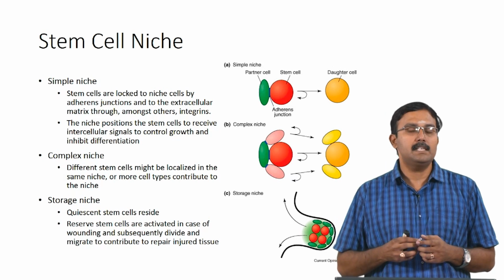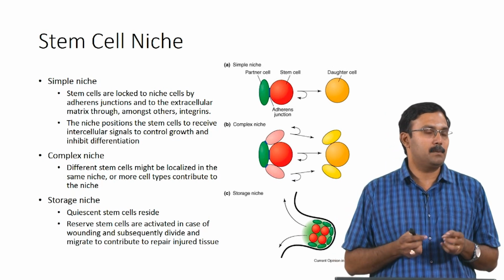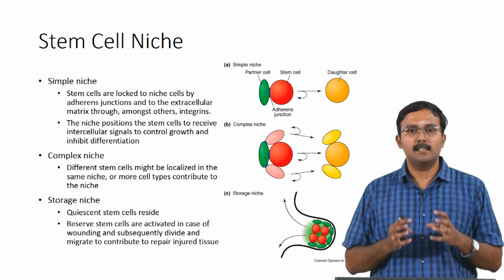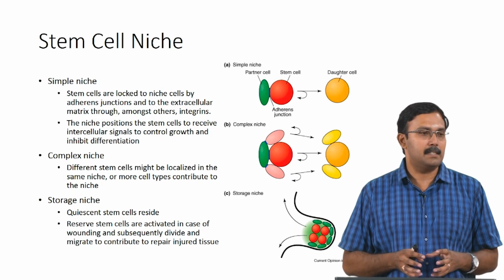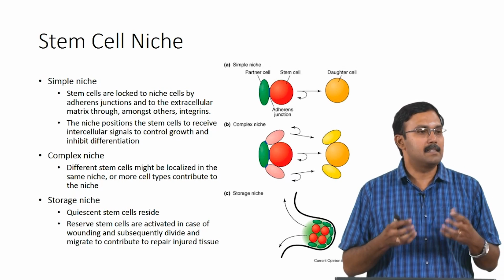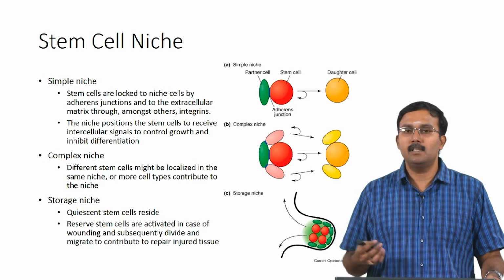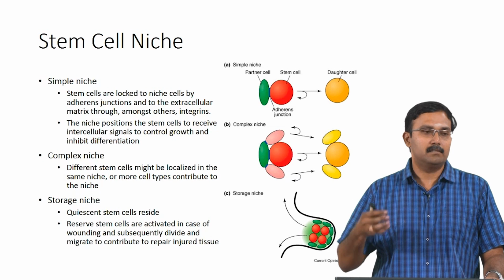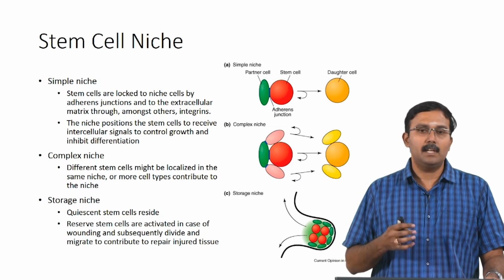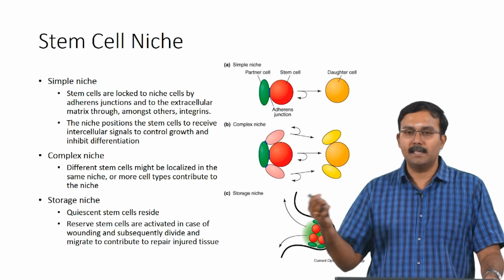The storage niche is the stem cell niche where the cells are just stored, and the cells are quiescent inside this. These act as the reserve of stem cells and they are activated only during injury or some kind of damage to the tissues, so that these cells can go and repair the injured tissue.